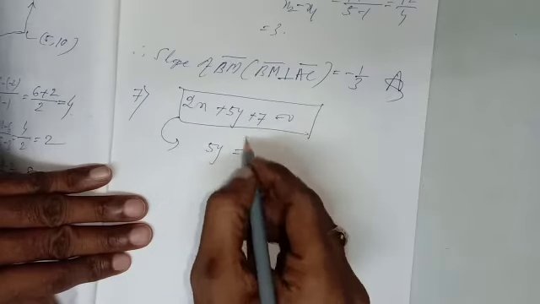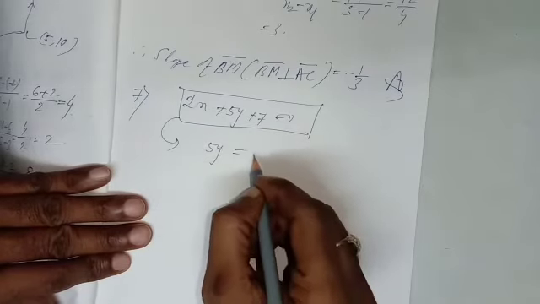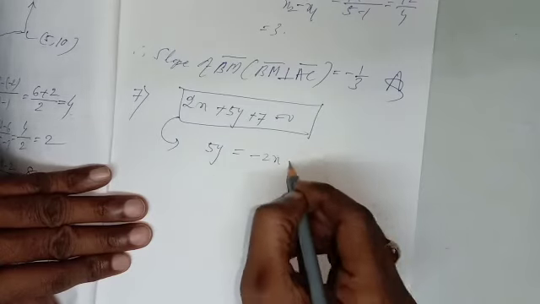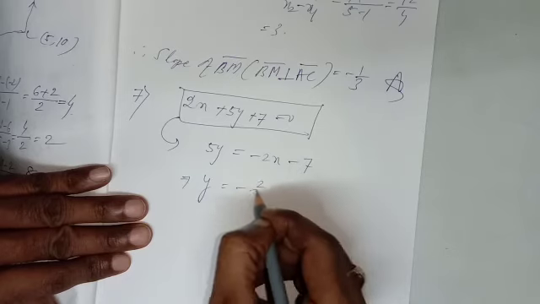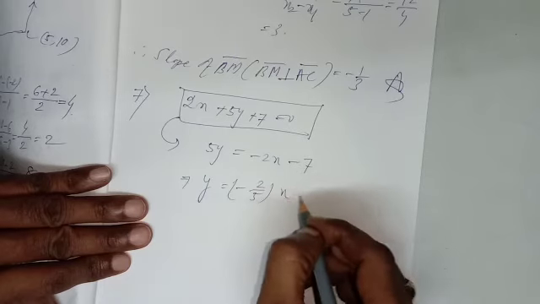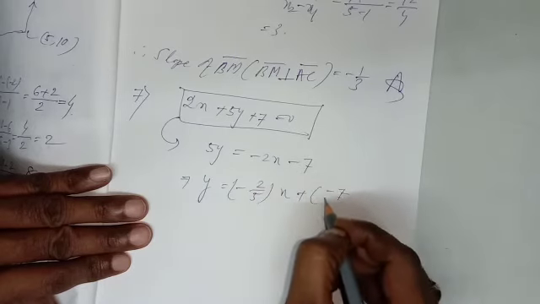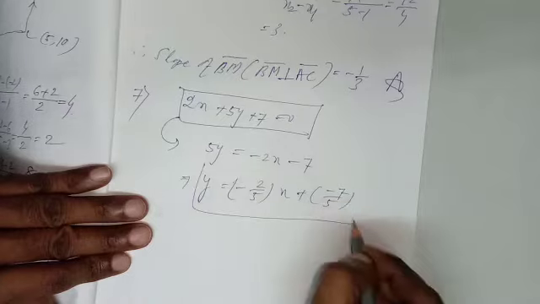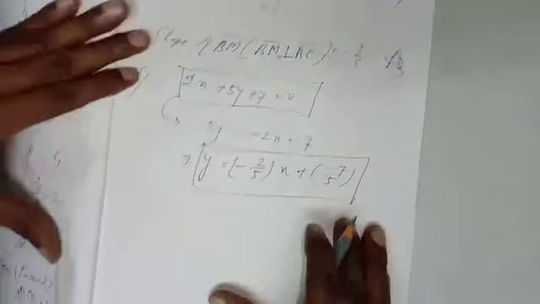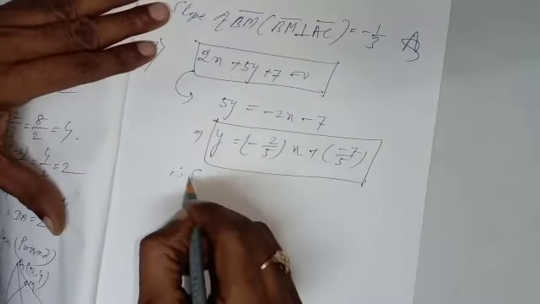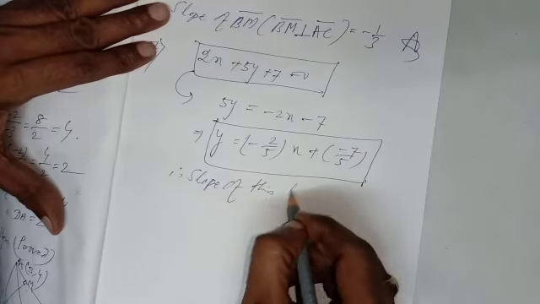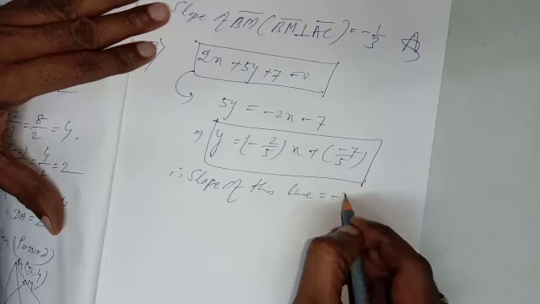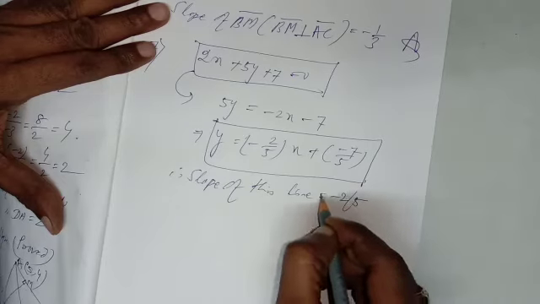Just arrange here 5y is equal to -2x minus 7 and y is equal to minus 2 by 5 into x plus minus 7 by 5. Okay, the slope of this line is how much? Therefore, slope of this line is equal to minus 2 by 5.